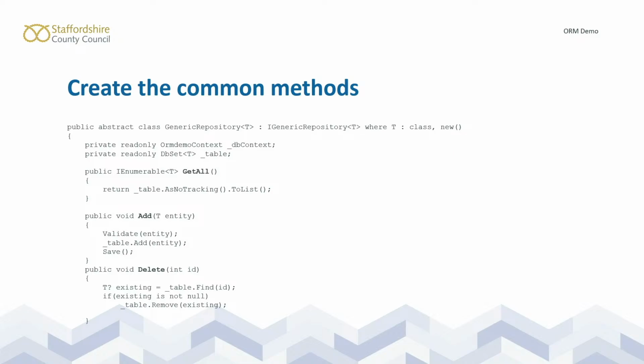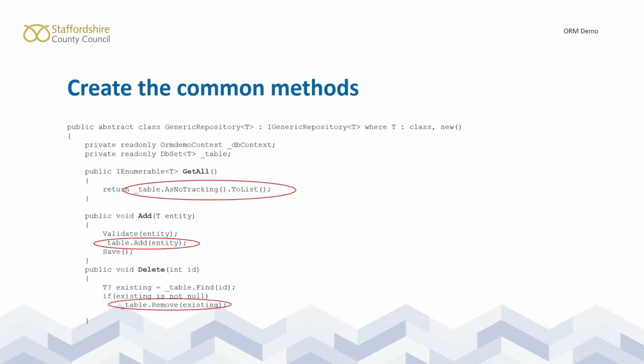So what's going on here? Oh yeah. What I did was I created a little class and that creates a DbSet of the entity you're passing. Get all, it just says basically get the entities, no tracking, to list and return it. Add is similar, add the entity.